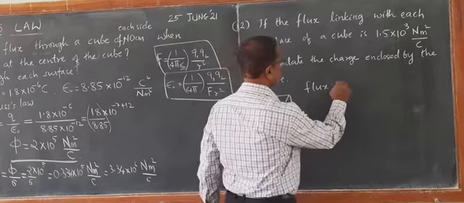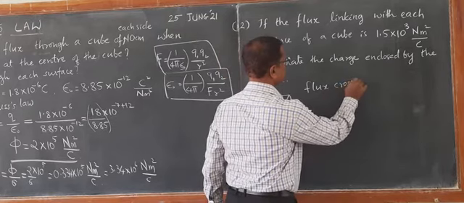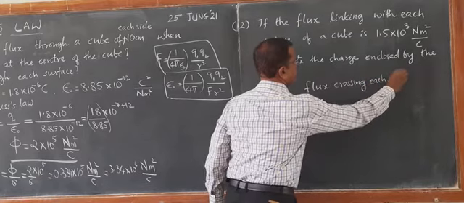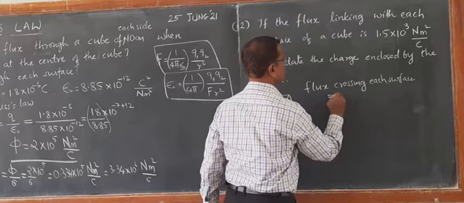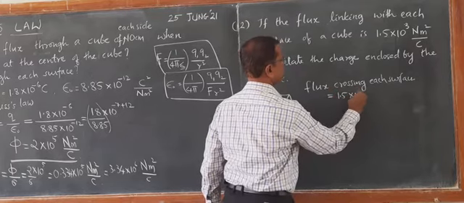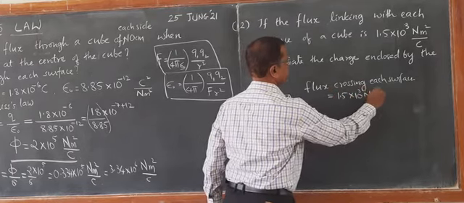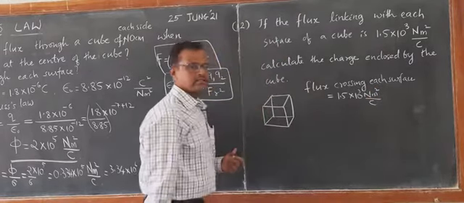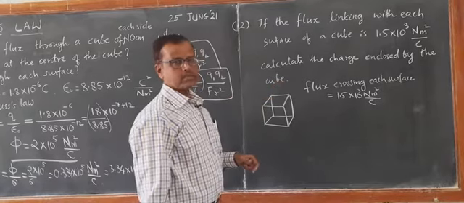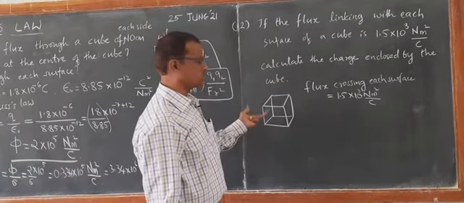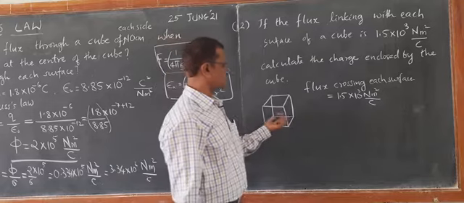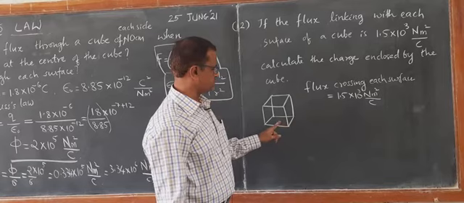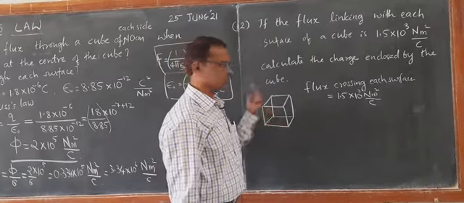Flux crossing each surface is equal to 1.5 into 10 raised to 3 Newton meter square per coulomb. So, what is total flux due to all the surfaces? Total flux due to all the surfaces is equal to 6 times the flux through each surface, because it has got 6 surfaces, 1, 2, 3, 4, 5, 6.